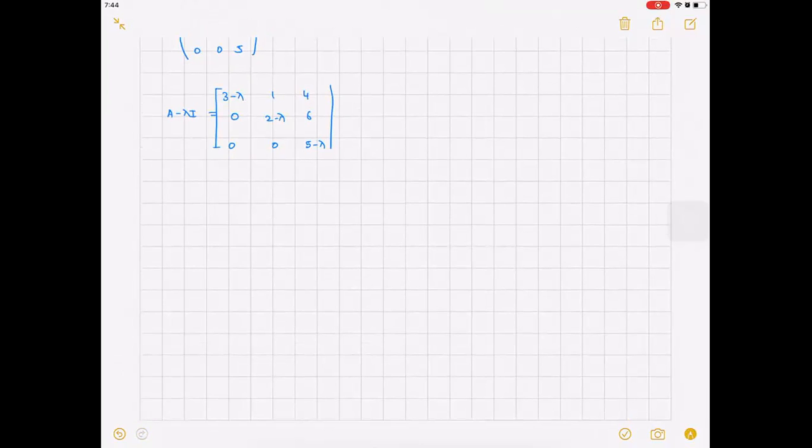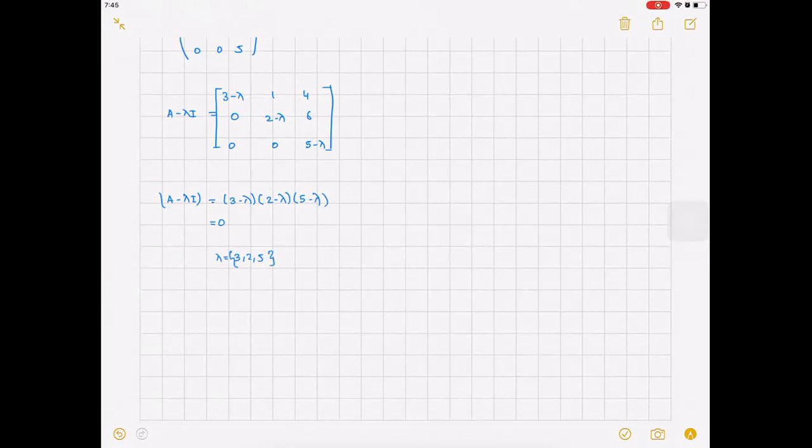So it's a matrix. Take the determinant of A minus lambda I. The determinant of an upper triangular matrix is nothing but the product of the diagonal elements. So (3 minus lambda)(2 minus lambda)(5 minus lambda) equal to 0 gives lambda equal to 3, 2 and 5.